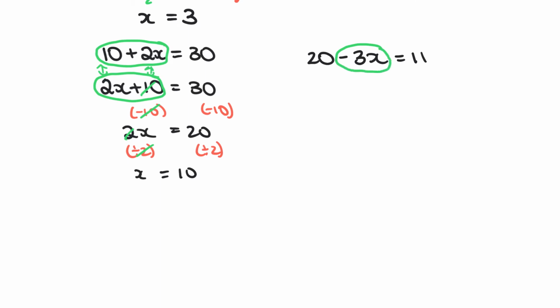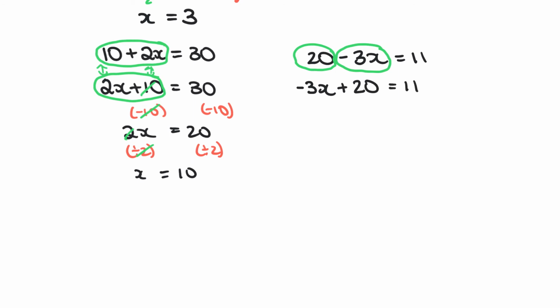So if we want to put that 3x out front, we need to keep it as a minus 3x. And this 20 here doesn't have a sign in front of it, which means that it is positive.